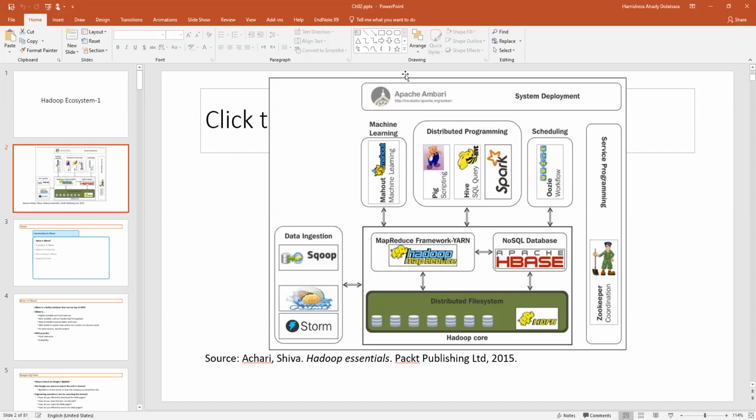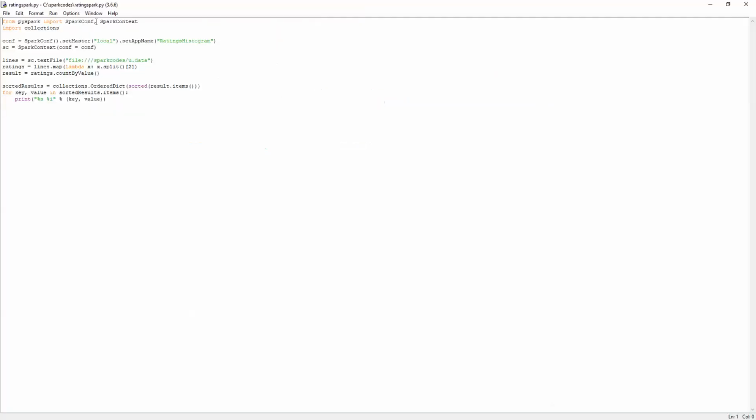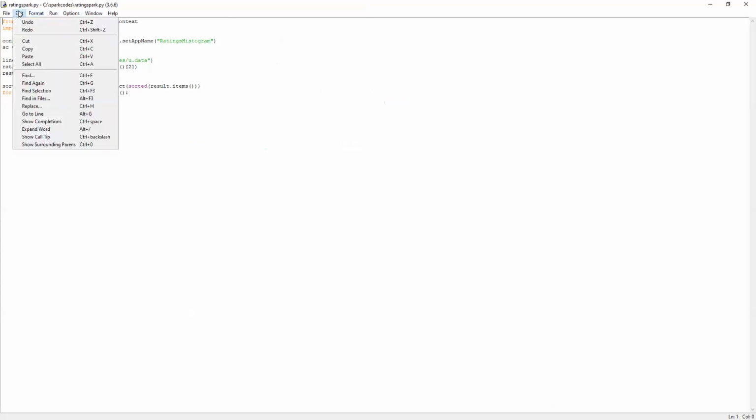So let me show you a sample code that I already put in your module for week 3. Let me see if I can make it larger. Yeah, this is a really simple IDE.